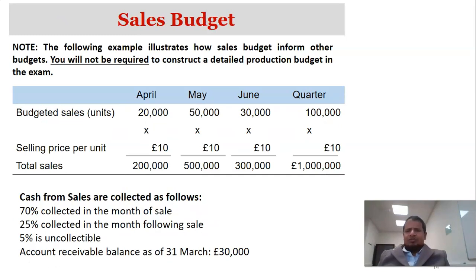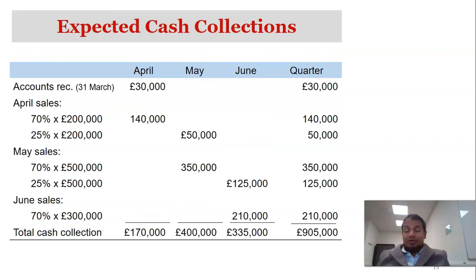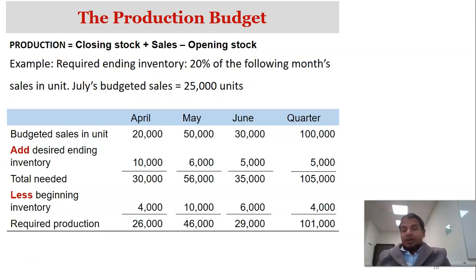If not, we have to assume that 4,000 is given for April. This probably is not given here, but somewhere. So 4,000 is considered as the opening of April, and April ending is the beginning of May, and May ending is the beginning of June.